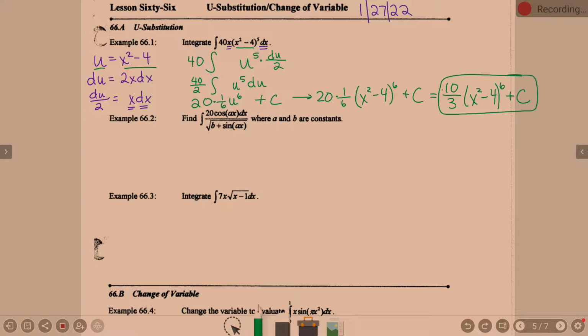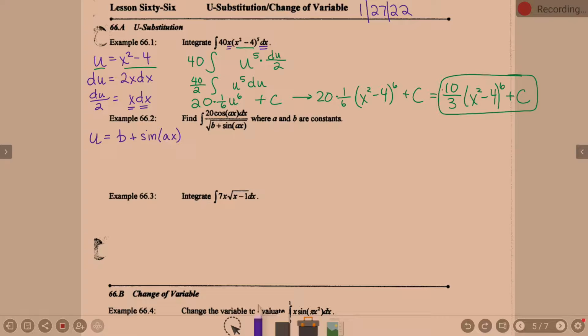But the reason I'm asking you this is, what am I going to use for u? What is the inside? b plus sine of ax, correct. So I'm going to come off to the side here. And my u is going to be the inside of that radical. So b plus sine of ax. Now, I didn't read the problem out loud to you because I figure you guys can read at this point in your lives.